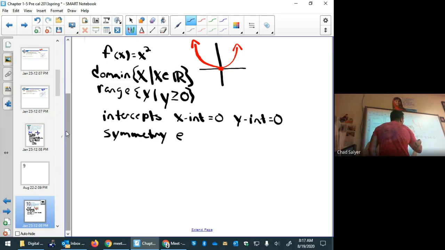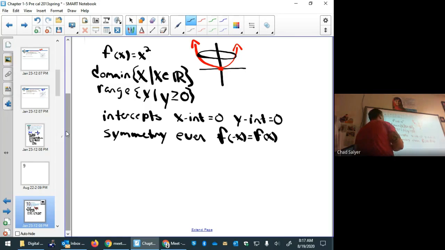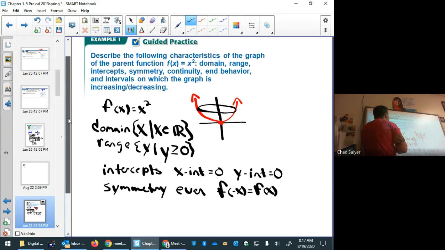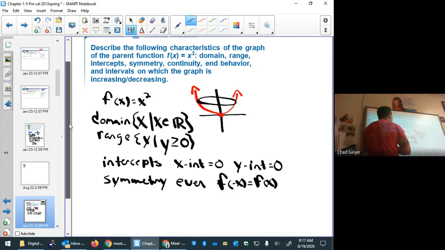This has even symmetry, in other words, symmetry to the y-axis. And it's because f of negative x always equals f of x. You can see if I rotate this around the y-axis, I get a symmetric situation. So even, and it can be proven via f of negative x equals f of x.